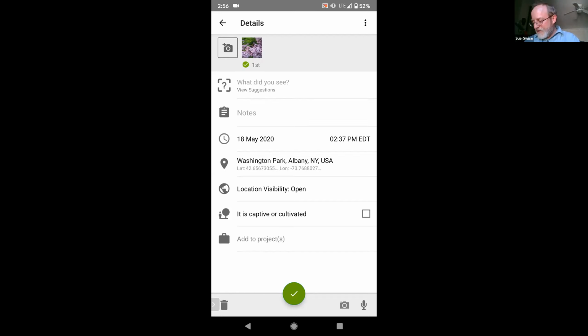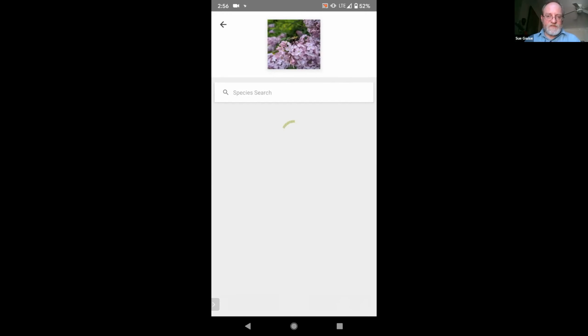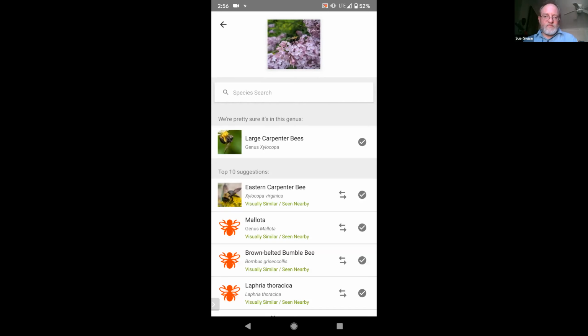And so when I tap on that, what did you see? It gives me suggestions. And they're pretty sure it's in the genus of large carpenter bees. Their suggestions include the eastern carpenter bee, which happens to be the only species in that genus in our area, and then some others that are sort of lookalikes.